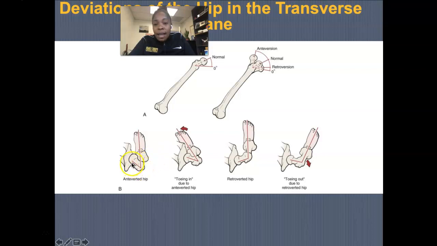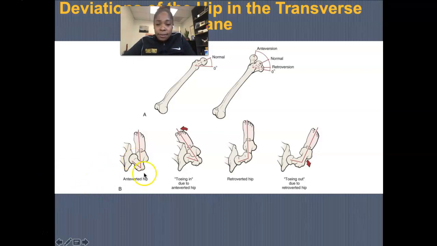What we can see happening at the femoral head is extremely important to understand in terms of the concept. When we think about angle of torsion pathologies or deformities, we have to think about the femoral head moving in the transverse plane. So it's either rotating anteriorly or rotating posteriorly in that transverse plane of motion, right?